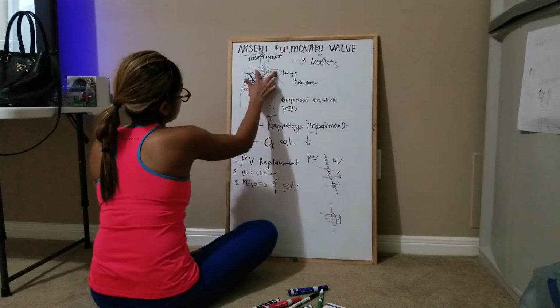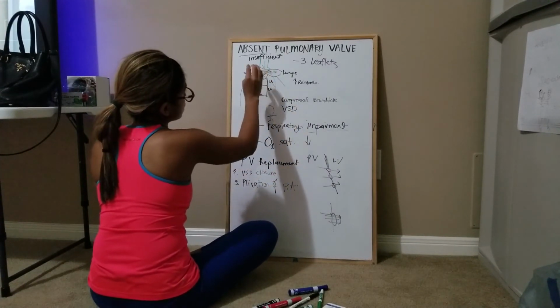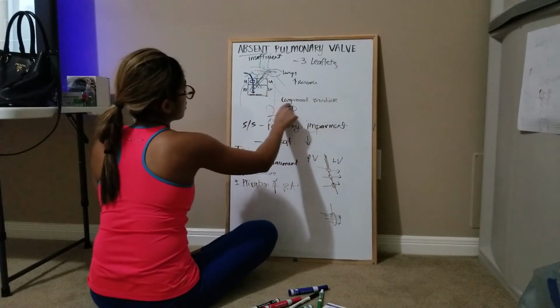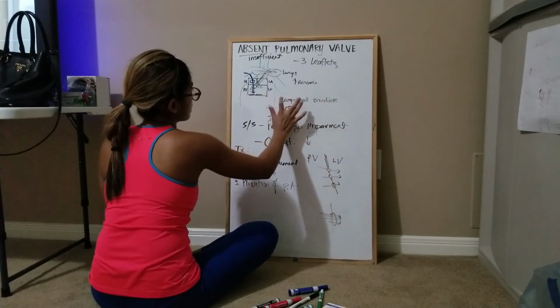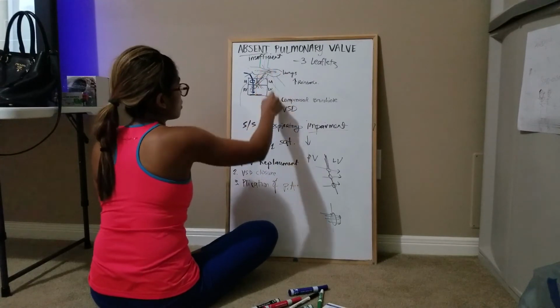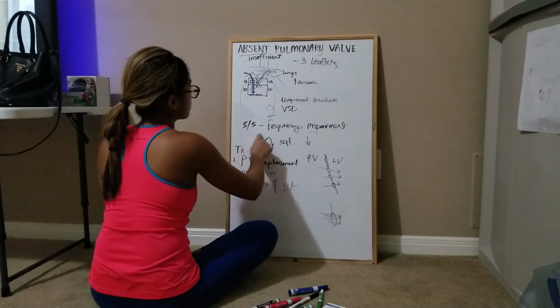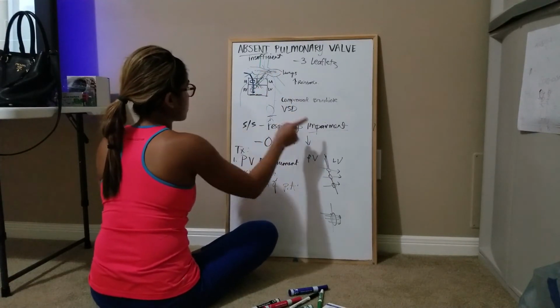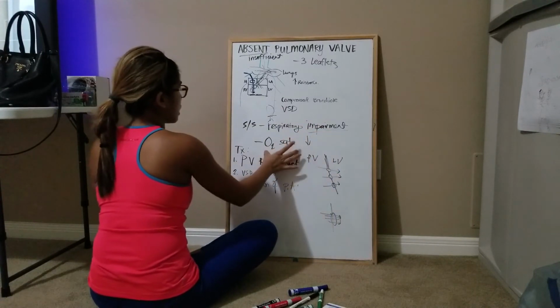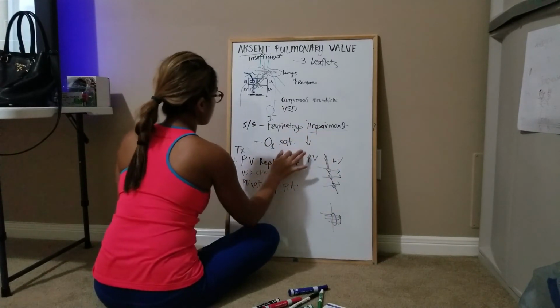So the dilation of the pulmonary artery pushes on our bronchioles and compresses them. Compressing our bronchioles hinders airflow down our respiratory tree, causing respiratory impairment and oxygen desaturation.